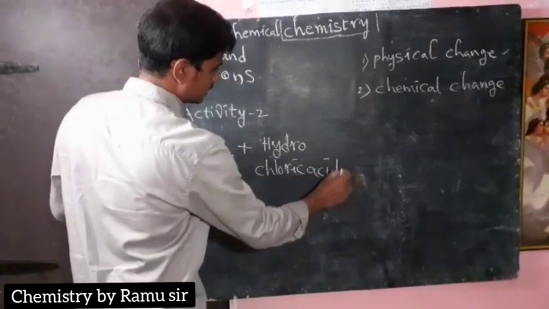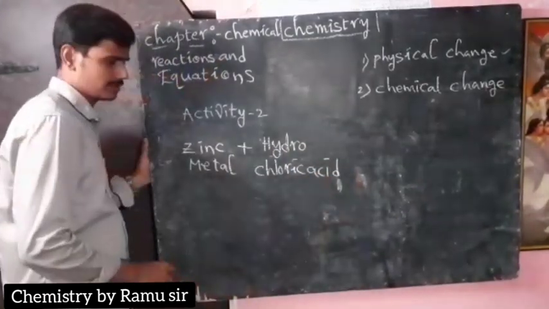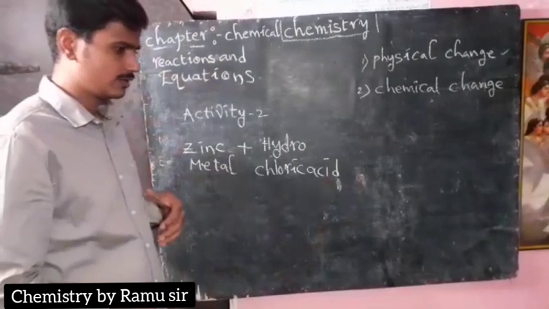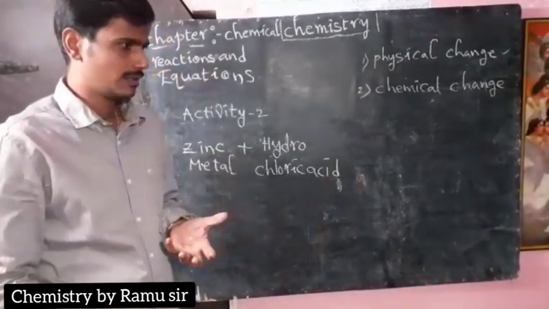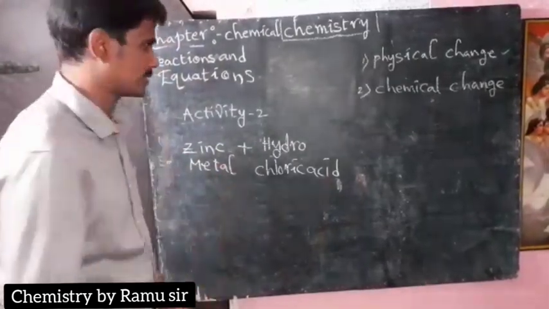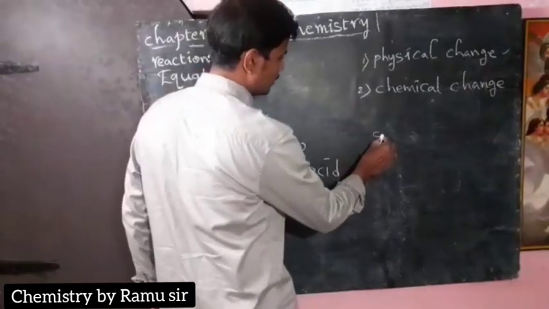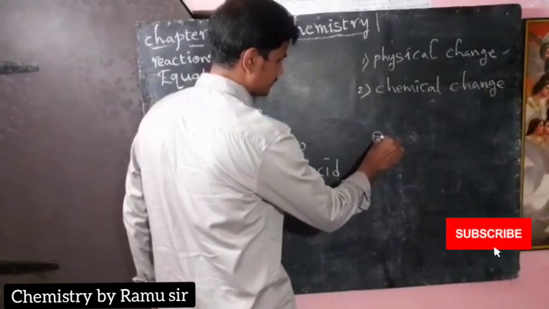So how can we do this activity? We take one conical flask. The shape of the conical flask is like this.